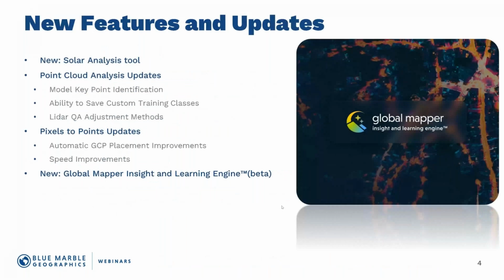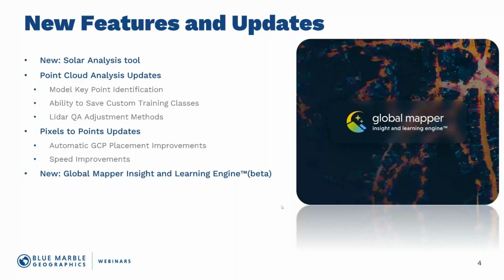So Global Mapper Pro in version 26 has a variety of new features and updates to existing features. We're going to talk about solar analysis, utilizing 3D data for understanding where sun and shadows are. That's a new tool. We'll look at a variety of point cloud analysis updates, things that have been very heavily customer driven as this tool continues to evolve and get great customer feedback.